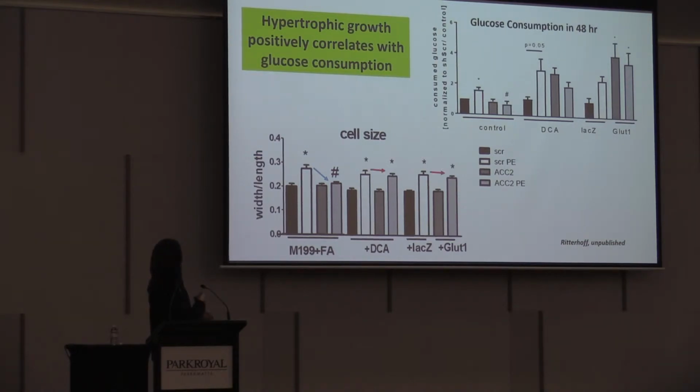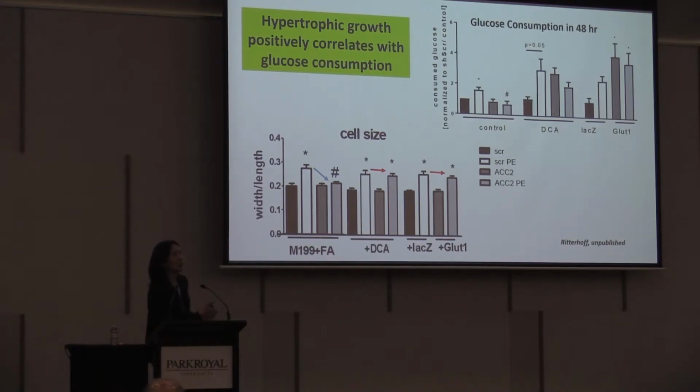It's shown here. The hypertrophy is suppressed, but if we override the increase in fatty acid oxidation and glucose use, we can restore the hypertrophic effect. So this seems to suggest that increased glucose use is required for cell growth, and that this can be antagonized by increased fatty acid oxidation.